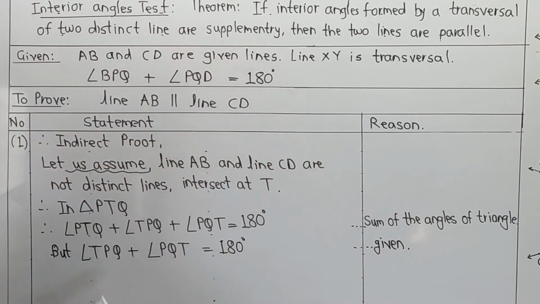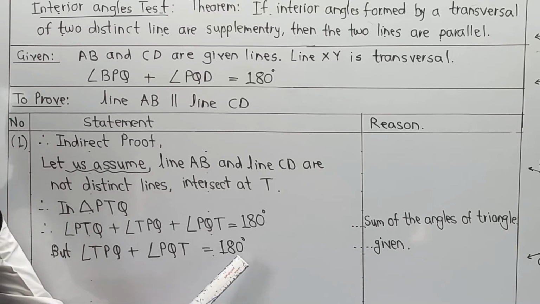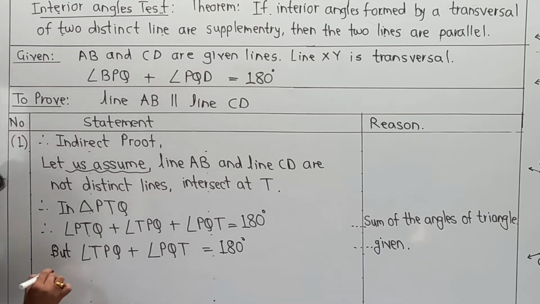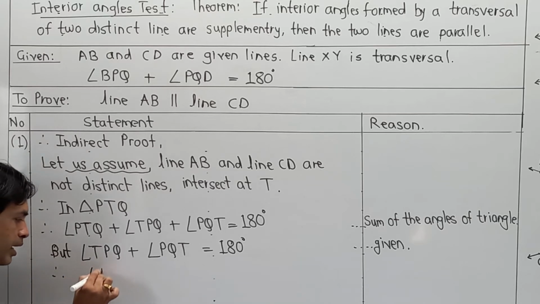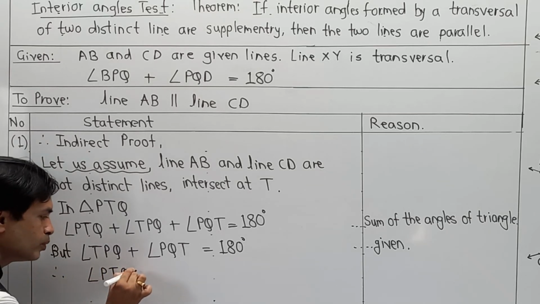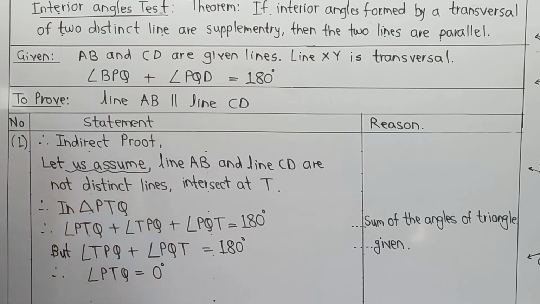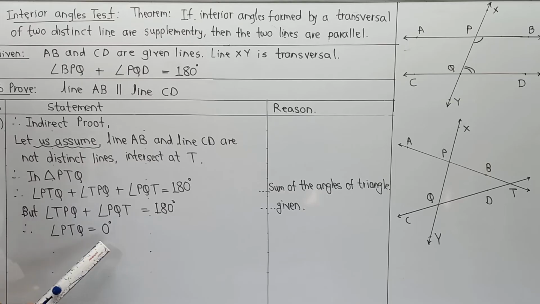In short, we have written angle P and angle Q as 180 degrees. Means in a triangle there are two angles whose addition is 180. If two angles add to 180, naturally the third angle is a zero angle. Therefore angle PTQ becomes a 0 degree angle.